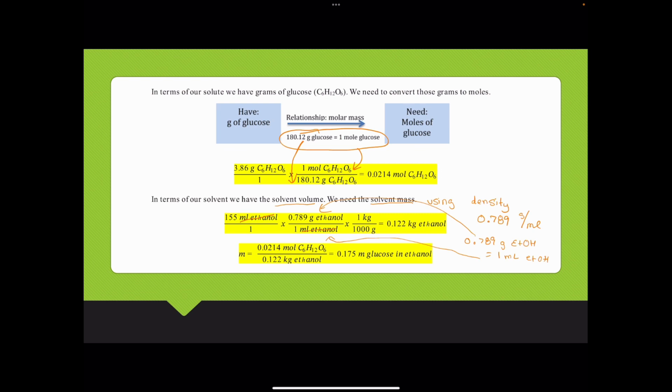For molality, we need kilograms, so we're using the definition that 1 kilogram is 1,000 grams, and we're going to get 0.122 kilograms of ethanol. So now we have what we need to calculate that molality. We take the moles of our solute divided by the kilograms of our solvent, which is going to give us 0.175 molal glucose in ethanol.